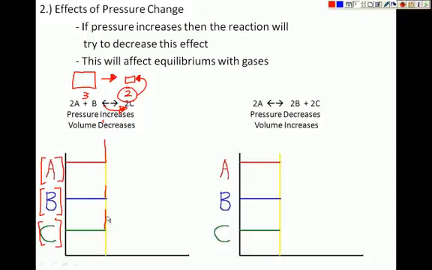So all the concentrations are going to go up quite sharply, and then since it is shifting right, A is going to decrease, and B is also going to decrease, and C is going to increase.